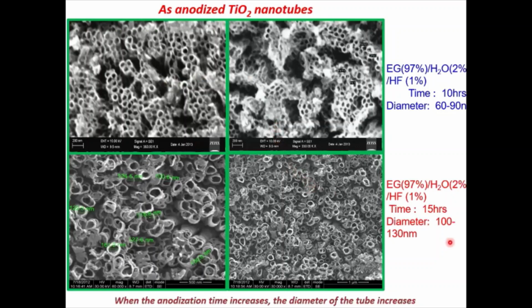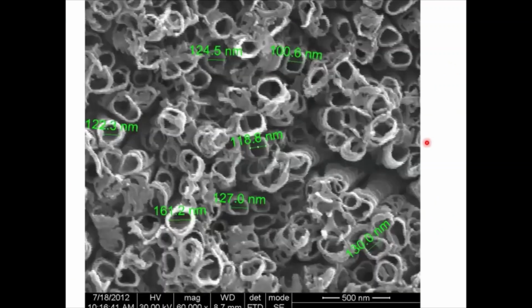By increasing the time, you increase the diameter of the tube. Also, the pore length or height you can improve by increasing the time as well as with the voltage you apply. In both cases, the voltage is very high, 20 volts. So this is the expanded part of anodized titanium oxide nanotubes.